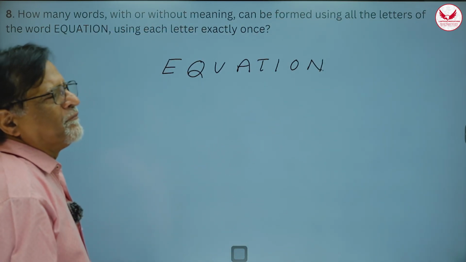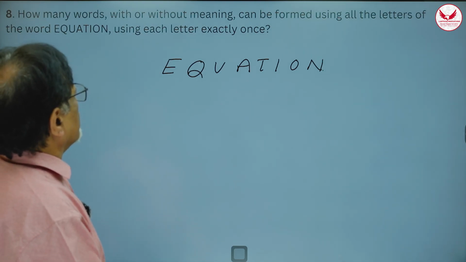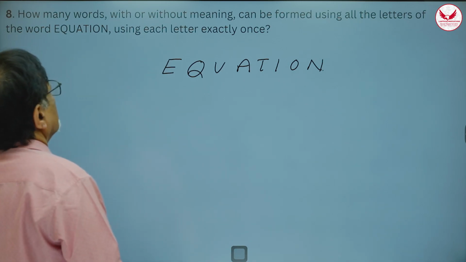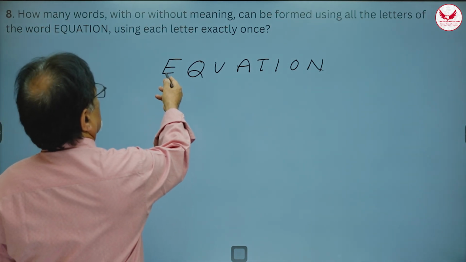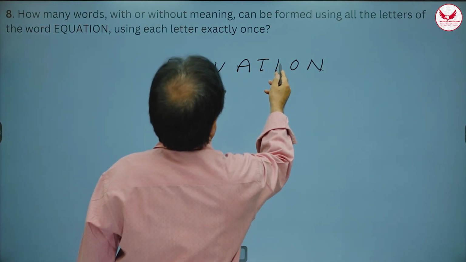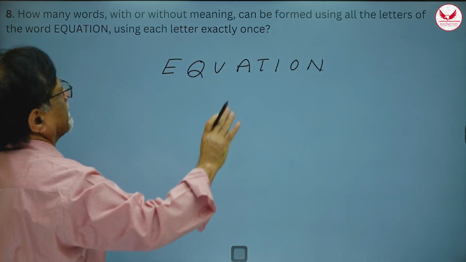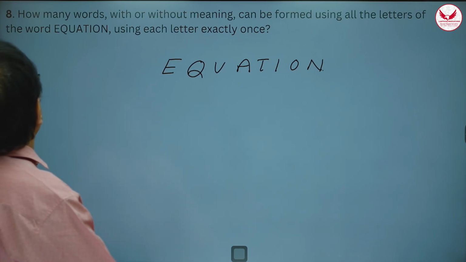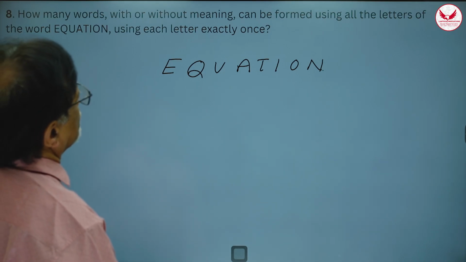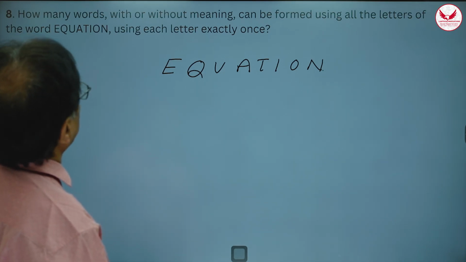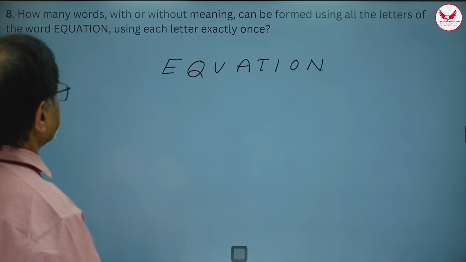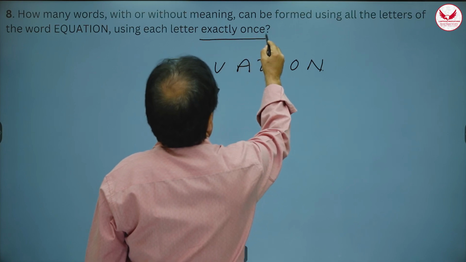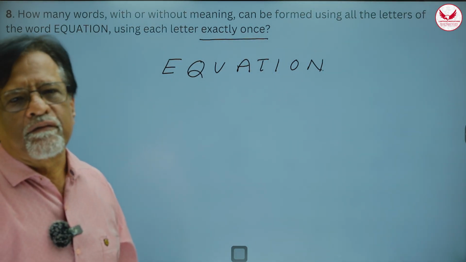I mean, there are some gibberish, okay? So we are not interested in the meanings because the words may not be meaningful at all. We are just using the letters as objects. So this is one object, second, third, fourth, 5, 6, 7, 8 objects are there, correct? And we want to arrange them and find out how many words can be formed. And one more condition here: one letter can be used exactly once.